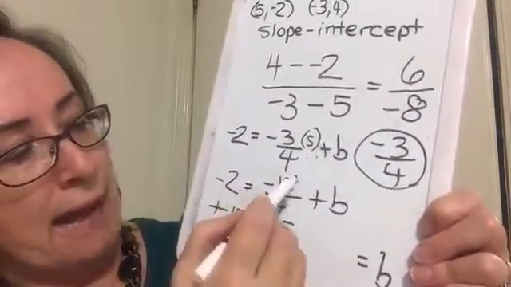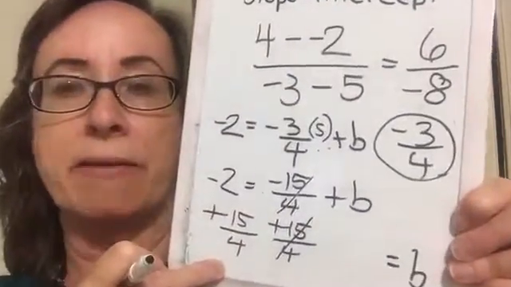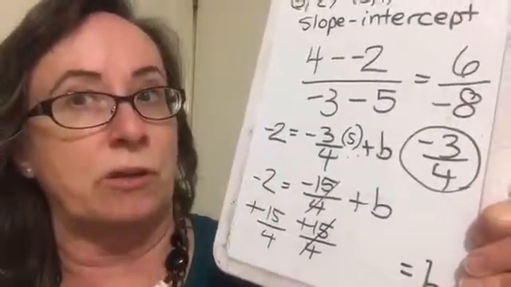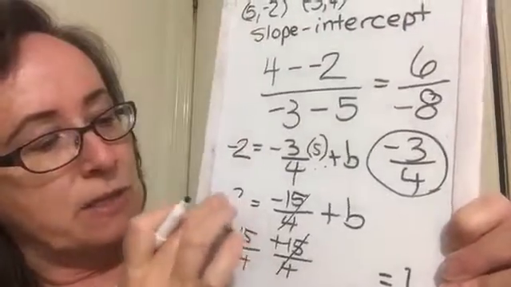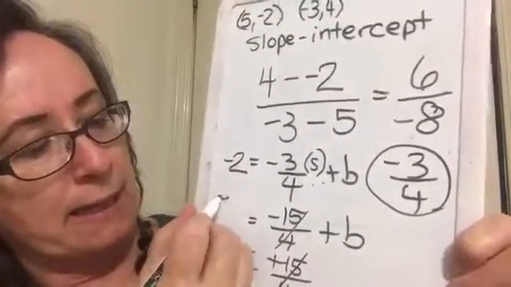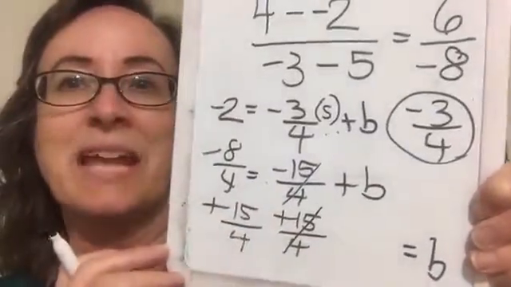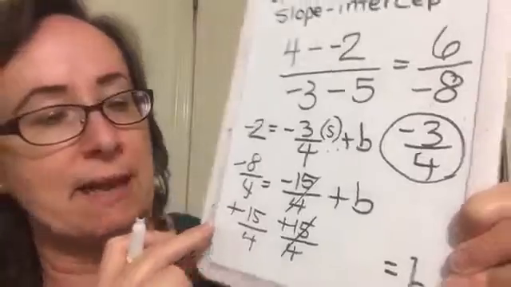So I'm going to add 15/4 to the other side, so that I get b equals. All right, so when I add the 15/4, this is going to cancel. Now I have to do this math. This is easier if I remember that -2 is -8/4. So I'm going to make it -8/4 because I'm running out of room on my board. So now I have -8/4 plus 15/4 is 7/4.